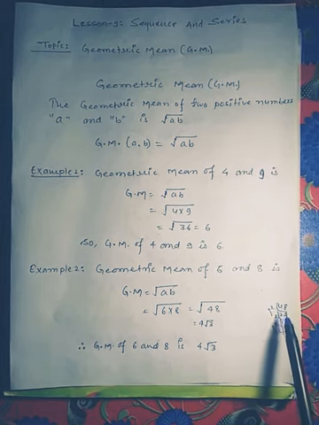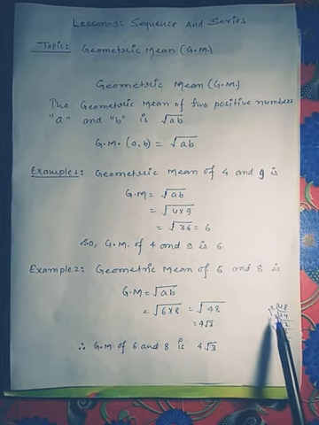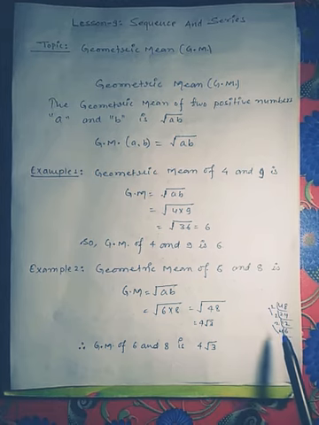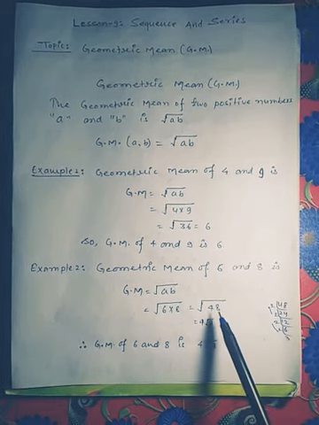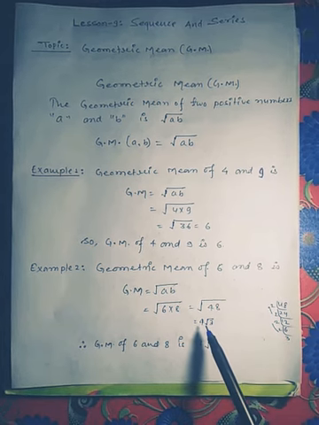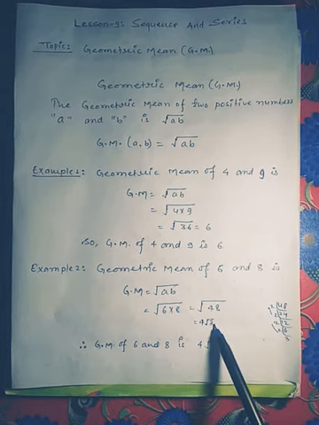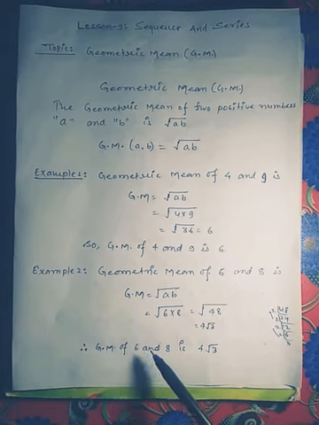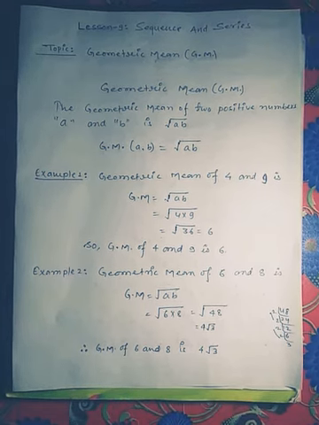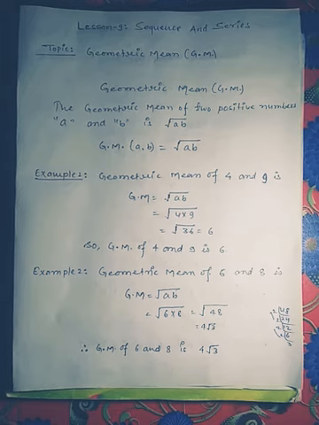Factorize 48, we get 2, 2, 2, 2 and 3. So after simplifying, we get 4 root 3. Therefore GM of 6 and 8 is 4 root 3.